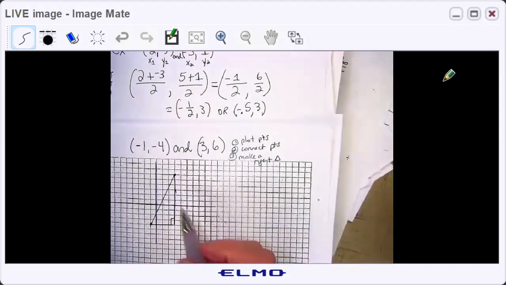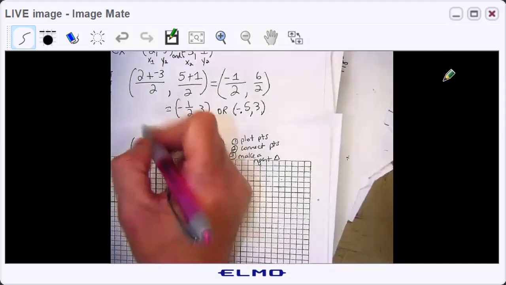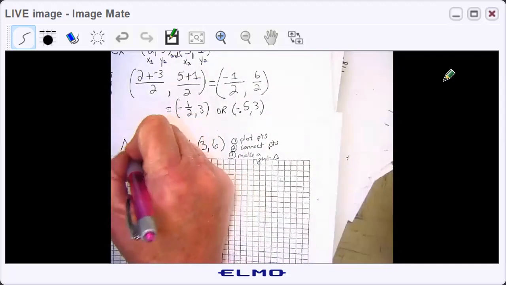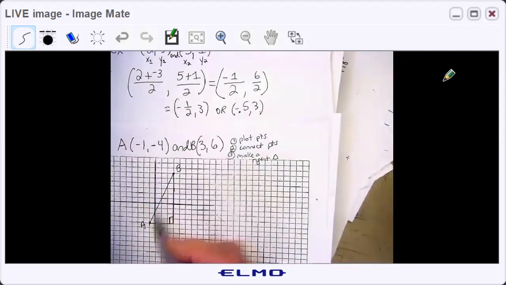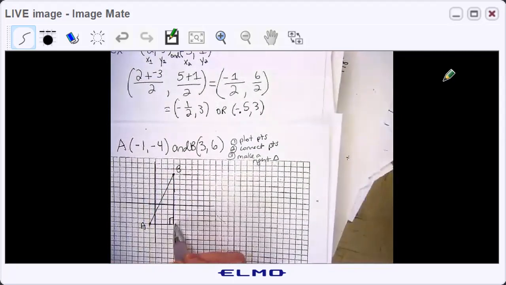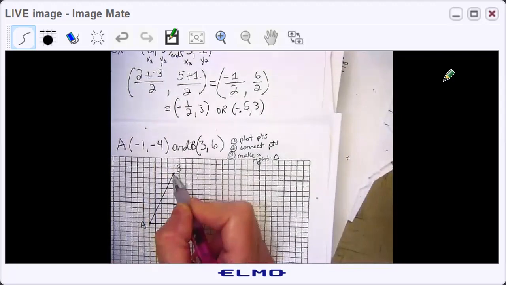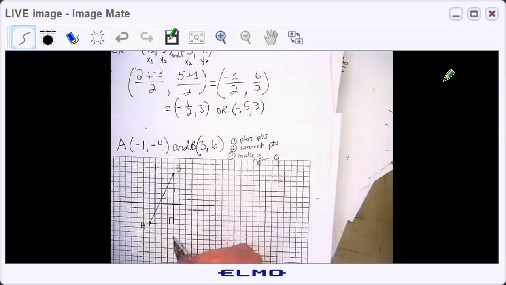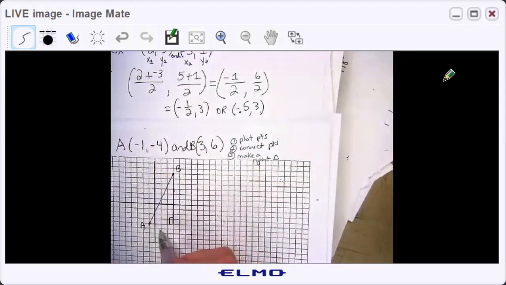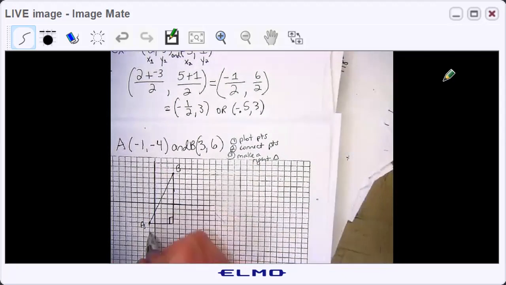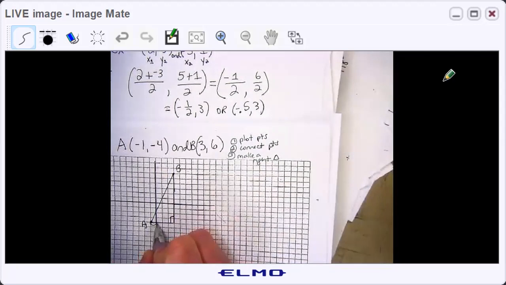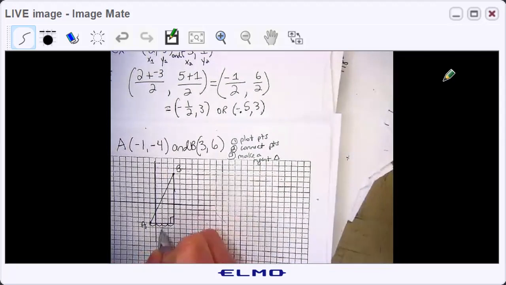And so what's happened is, to get from this point, let's just call this point A and this point B, to get from A to B, we have traveled to the right so many units and up so many units. And if we want to go to the midpoint, we can just go half of that traveling. So let's count. 1, 2, 3, 4.